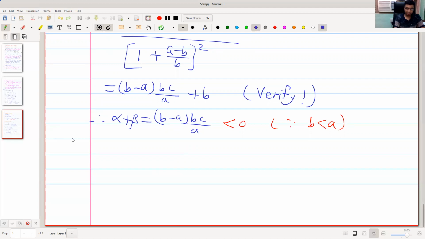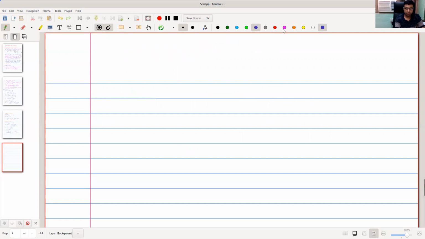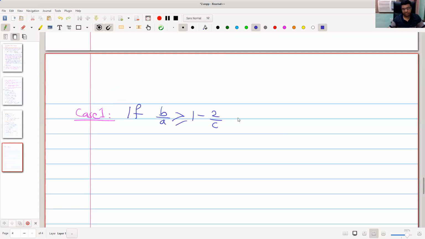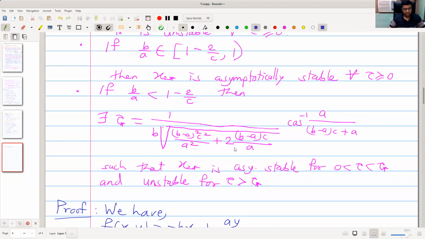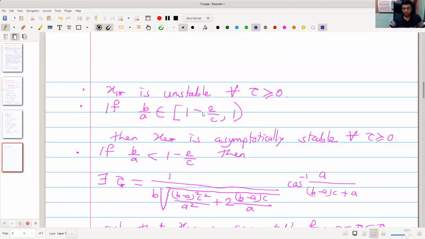Case one, if b by a is greater or equal to 1 minus 2 by c. In the statement, b by a belongs to (1 minus 2 by c, 1). That means b by a is greater than this quantity. Of course, it will be less than 1.